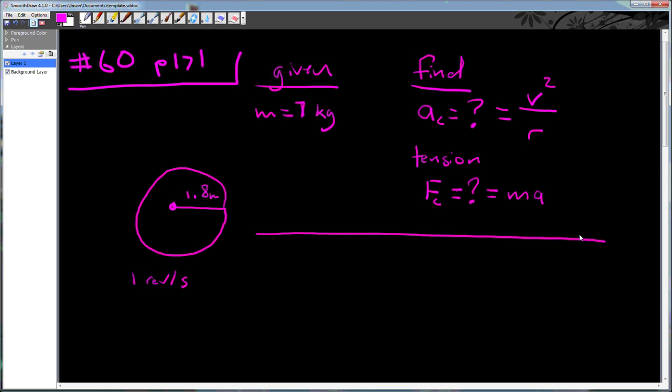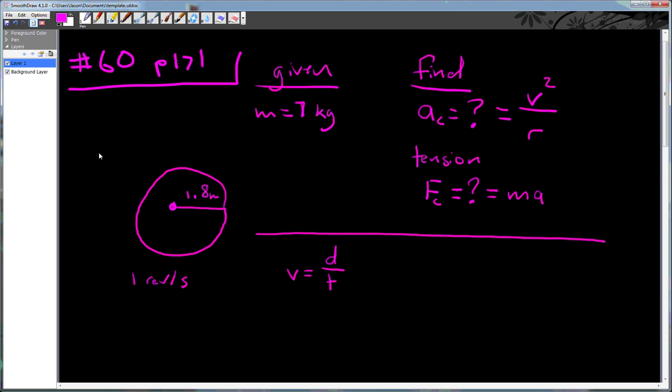Okay, so to find our centripetal acceleration, we need to find how fast this hammer is rotating in the circle. And so we know it takes 1 second for a complete rotation, and so using our basic velocity equals distance divided by time, we need that distance, right?